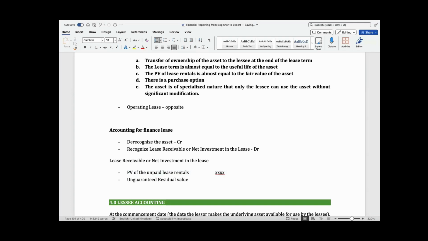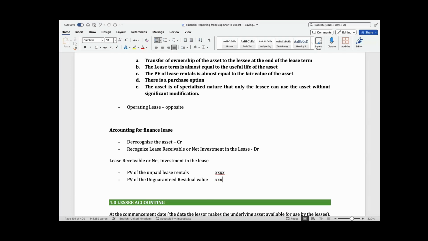He will put it in his books right from day one that he is also expecting this one too. But since it's a future amount, we need to bring it to present value, the present value of the unguaranteed residual value.